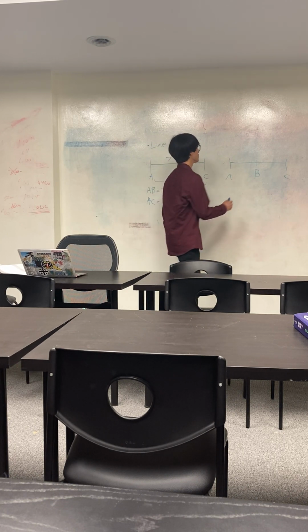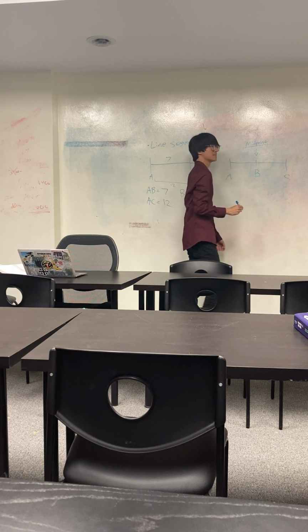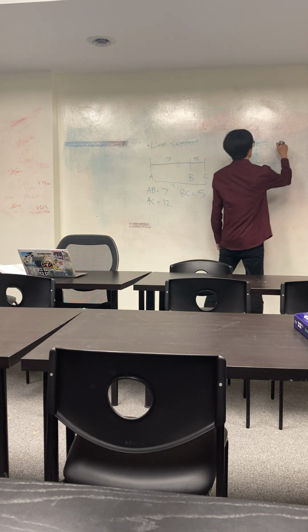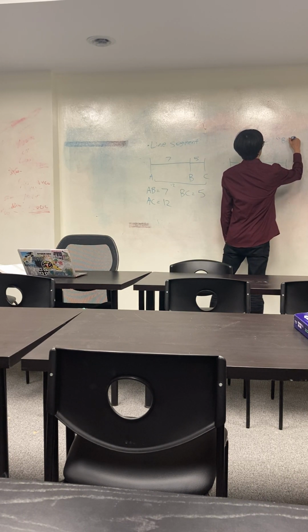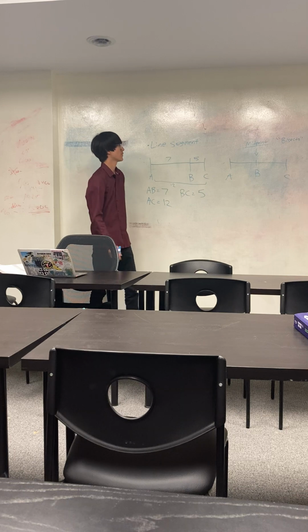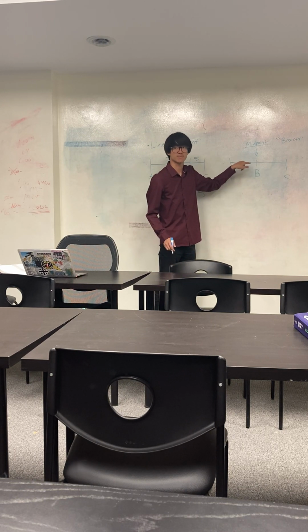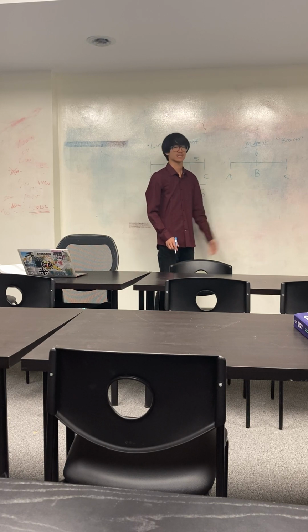This is called a midpoint. What a midpoint does is it bisects a line segment into two halves. Whenever you see a line segment with a midpoint, these two parts are going to be the same length because B is directly in the middle.